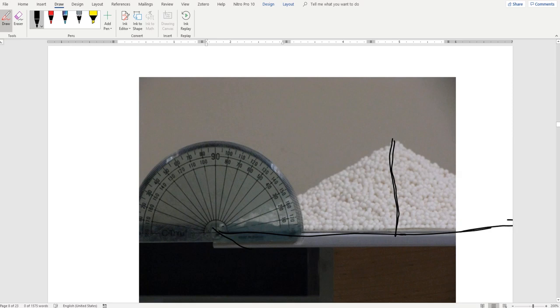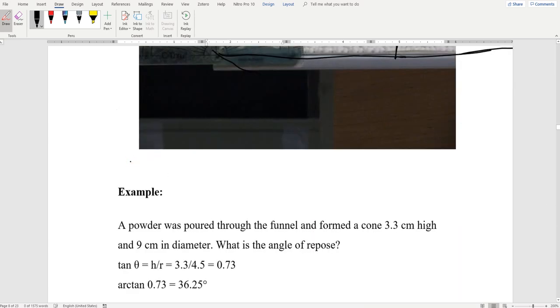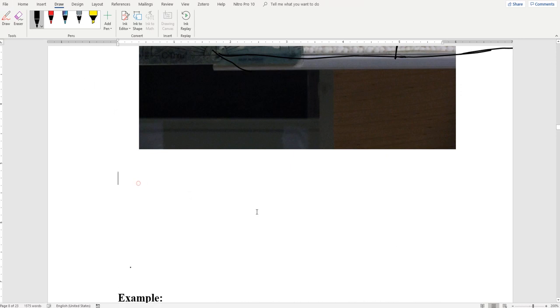Okay, so what you can think of your heap is the following, and I will draw for you something here. Consider the following. This is your heap that has formed. Now, this is the height.